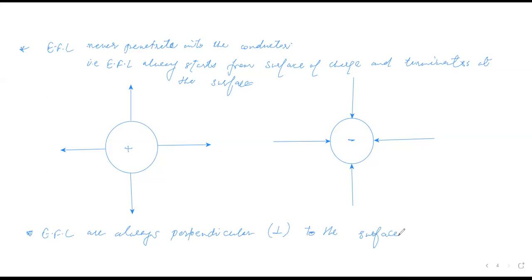It means that all of the electric field lines, either going away from the charge or terminating at the surface of the charge, always make a 90-degree angle with the surface. You can look here, it is 90 degrees. It is also 90 degrees. All of the field lines always make a 90-degree angle with the surface. Are you clear or not? So please note it down as well.